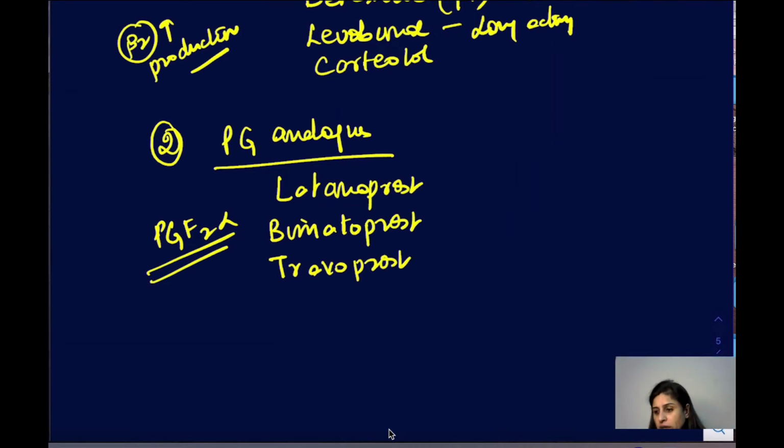Basically they increase the outflow from the eye. If it is not going out by the usual route, they increase outflow by another route, so they increase uveoscleral outflow, if the trabecular meshwork is not working.